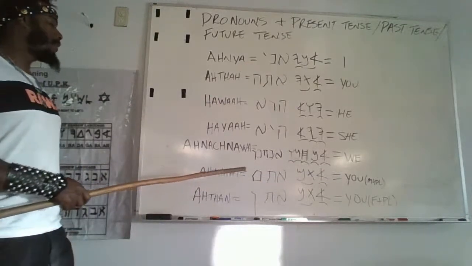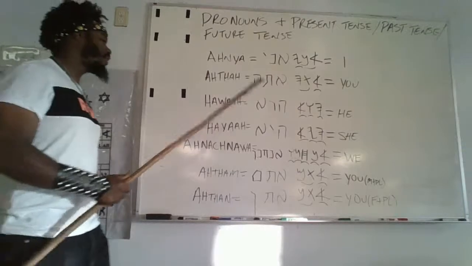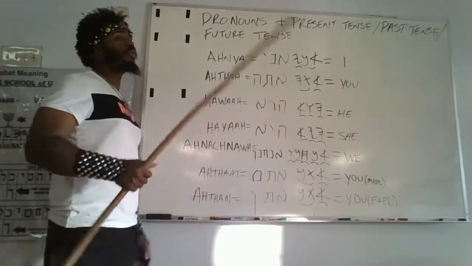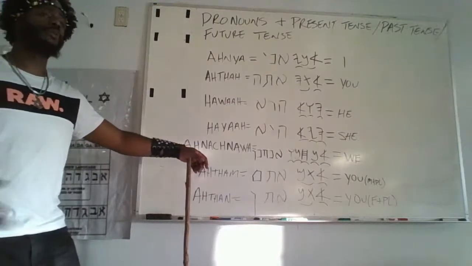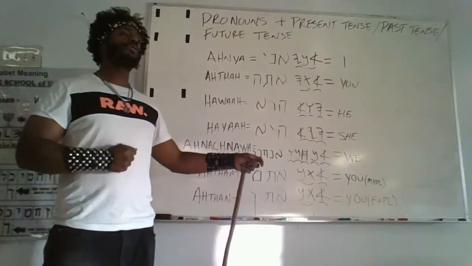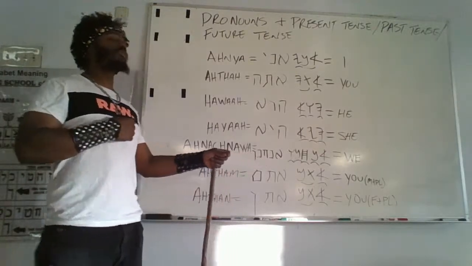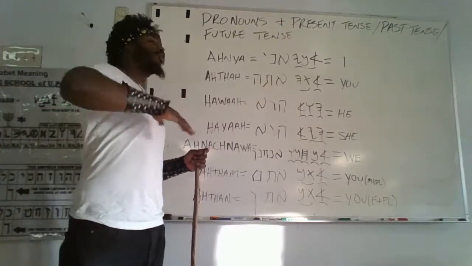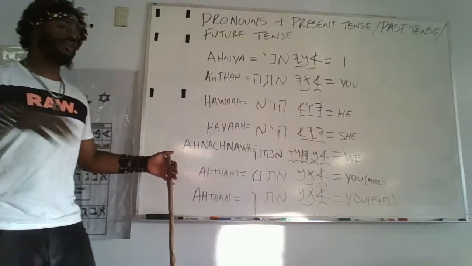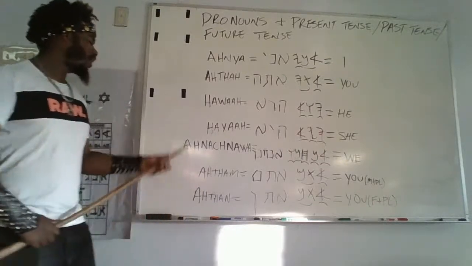You have a thumb, right? A thumb is you, masculine, plural. So just like in the greeting, if I were to come in, I would greet a group of brothers: Shalom Yahabashim Baraka. Thumb is plural when I'm talking to a group of men, right? Same thing with a thon.